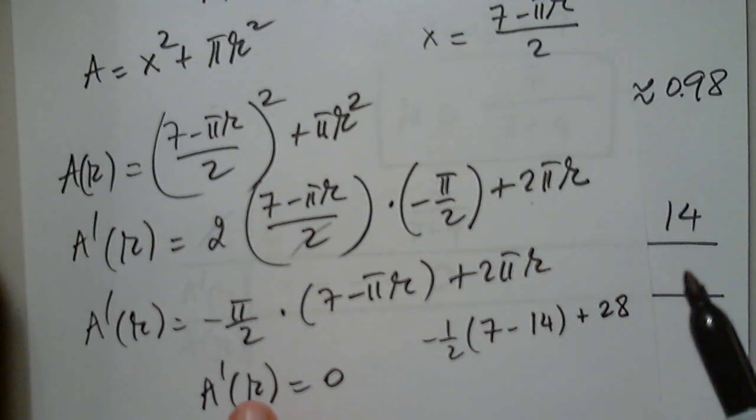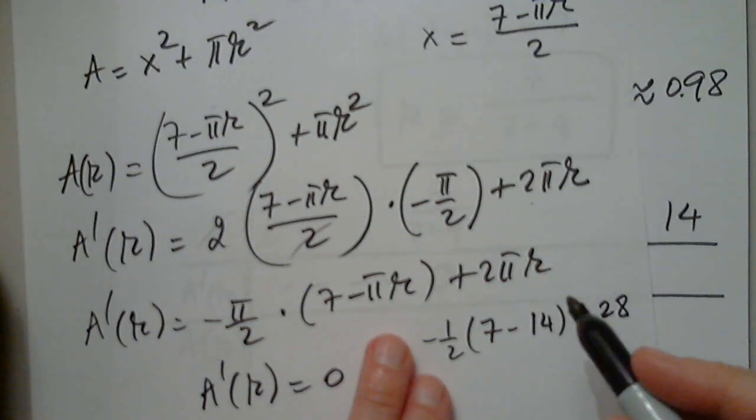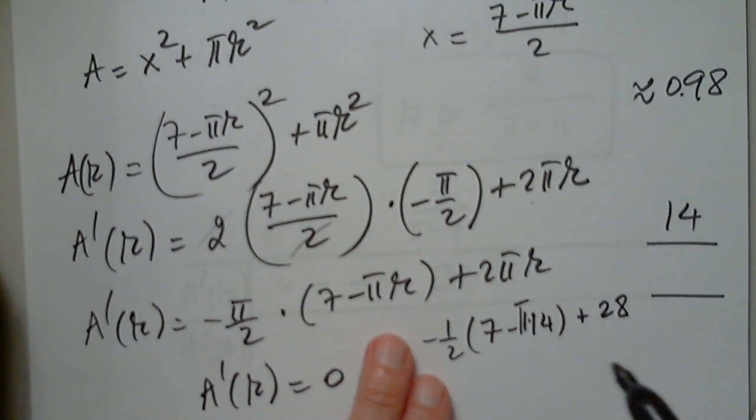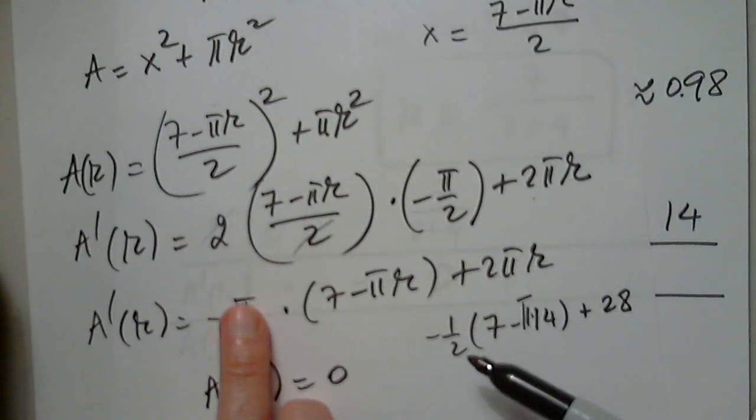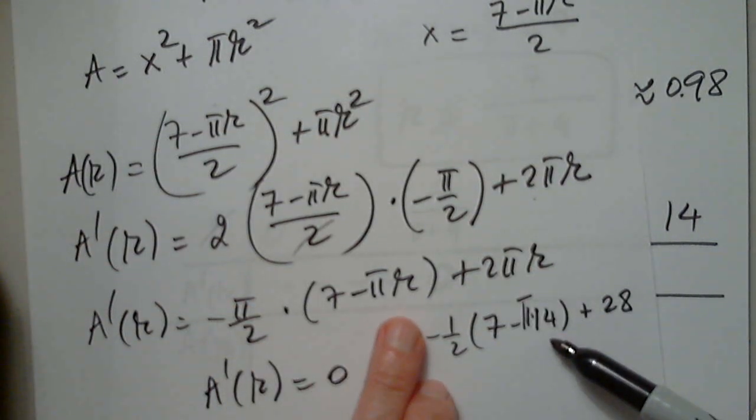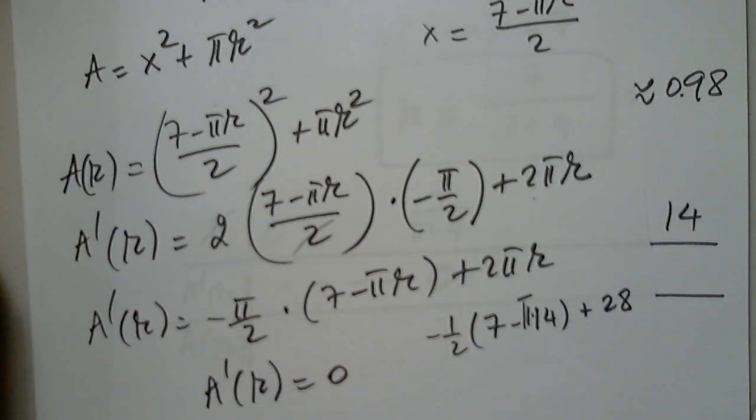I factor out pi from here. So negative 1/2, 7 minus pi times 14 plus 28.